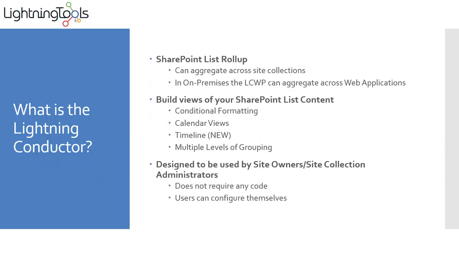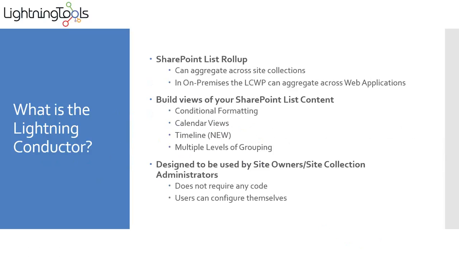We don't want to spend a lot of time just configuring a view to display when we want to maybe just include extra columns from our task lists or certain custom metadata from our document libraries. We want to be able to add that quickly and make the rolled up content look great. So the benefits are really still around styling when we're comparing the content by search with the Lightning Conductor.